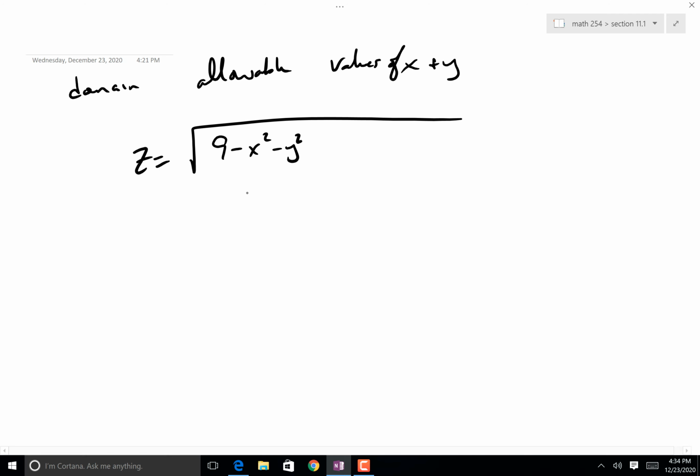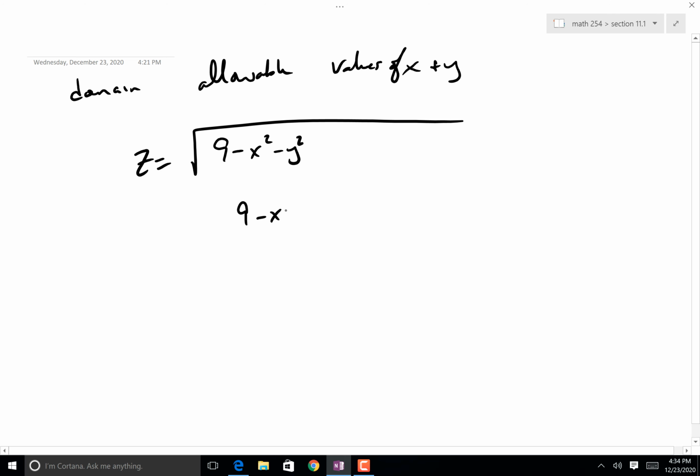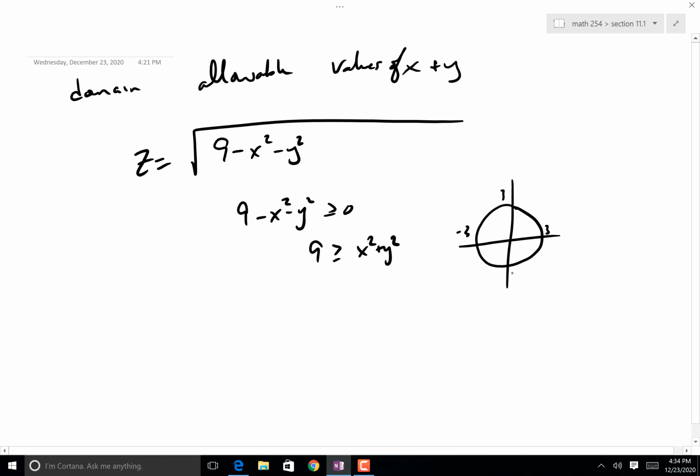So we know that this inside function must be greater than or equal to zero. That gives us a circle with a radius of 3. So anywhere in here is the domain of my function.